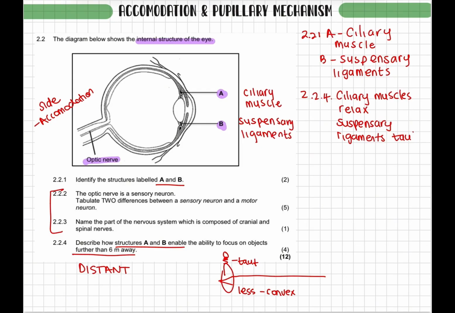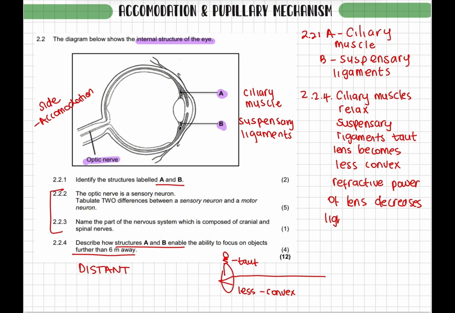The lens will become less convex. This will decrease the refractive power of the lens, and then the light will focus onto the retina to form a clear image.